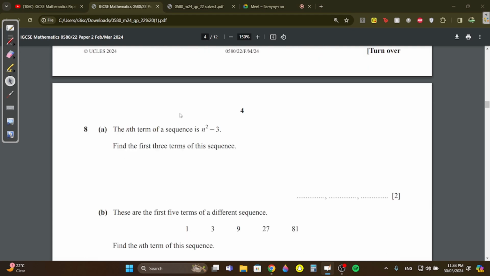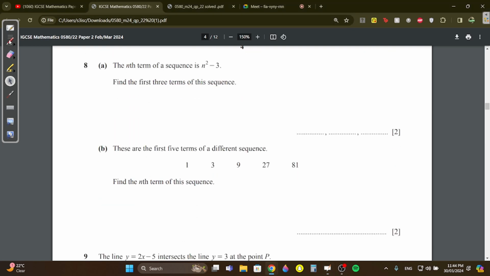Question 8. Part A, they're saying the nth term of a sequence is n squared minus 3. Find the first 3 terms of the sequence.